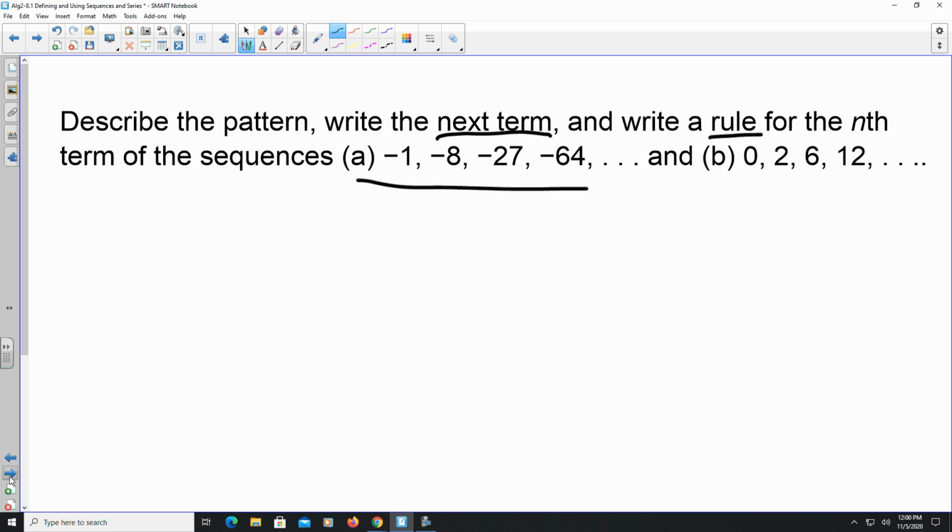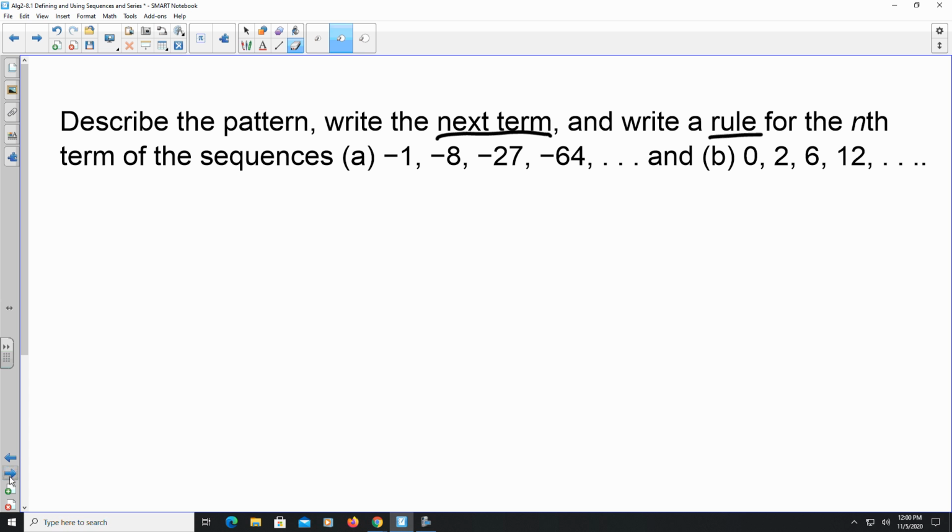Common difference means you take two consecutive values in the sequence and subtract them and see if there's a pattern. So if I took -8 and subtracted -1, I would get -7. Problem is -27 minus -8 doesn't get me -7. It gets me -19.